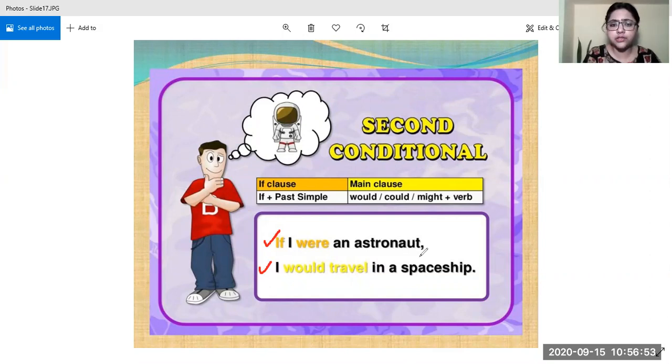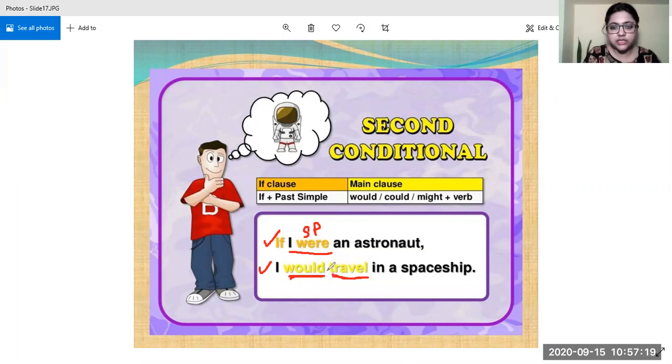If I were an astronaut, this is written in simple past. So the first condition is satisfied. Then in the second part, I would travel in a spaceship. The would is written without any have. The second conditional has would, and immediately would is followed by the main verb.